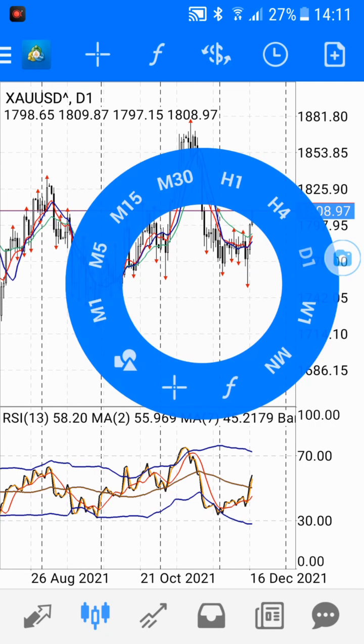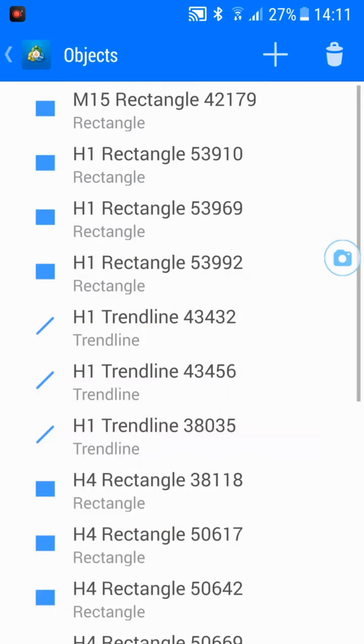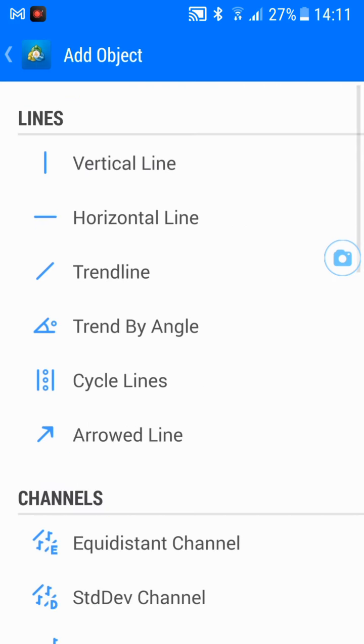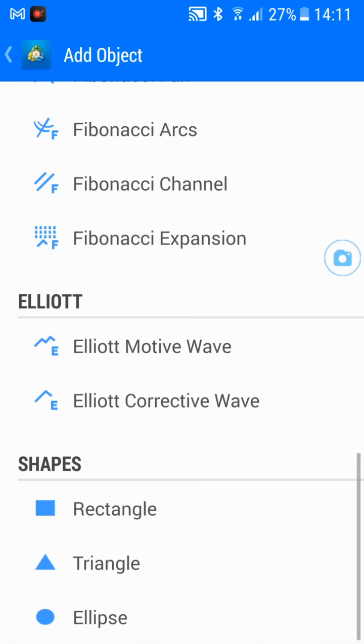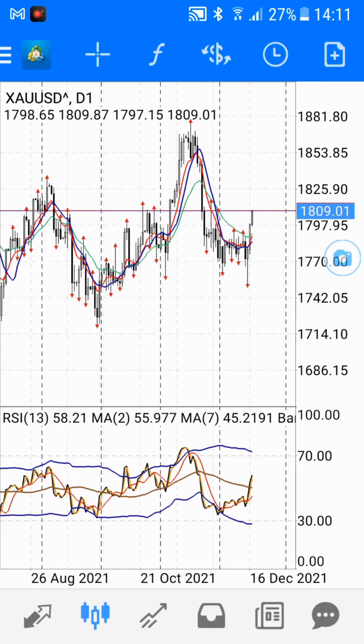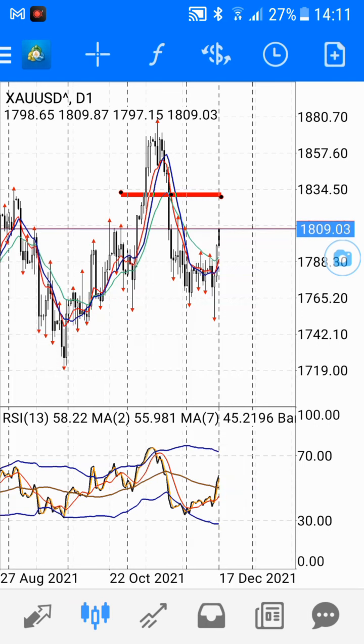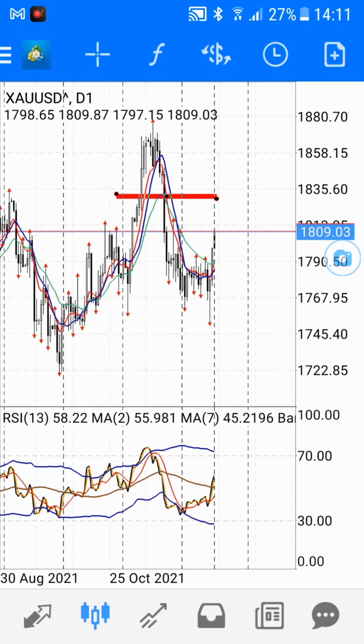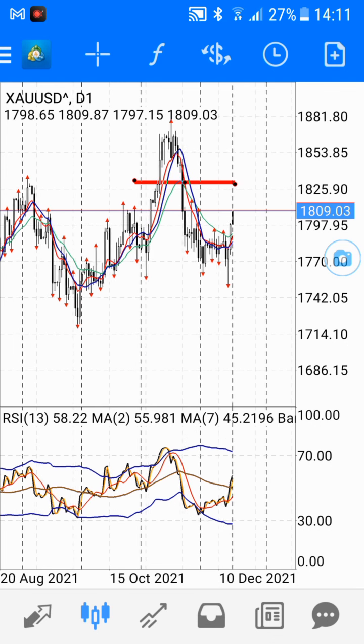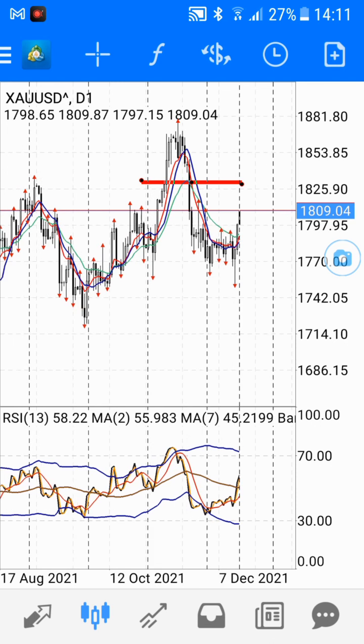And I do this, I go to objects, which is that little objects line there. I go add, and I draw a rectangle. Draw it on my graph, and it needs to come down. So it's difficult to do, especially for me.